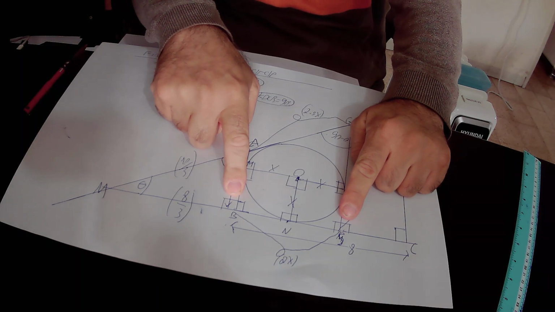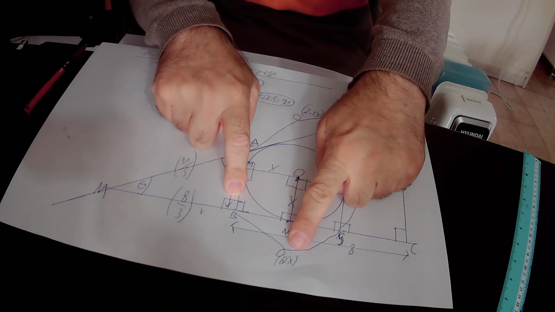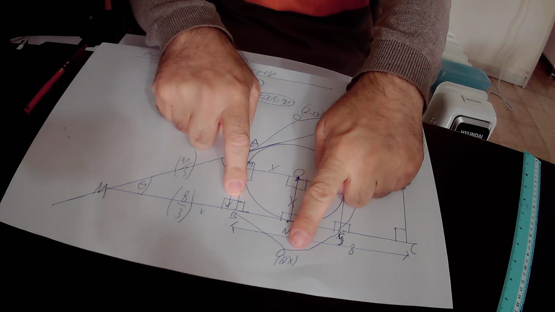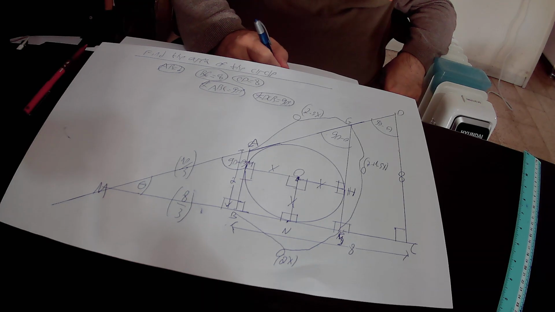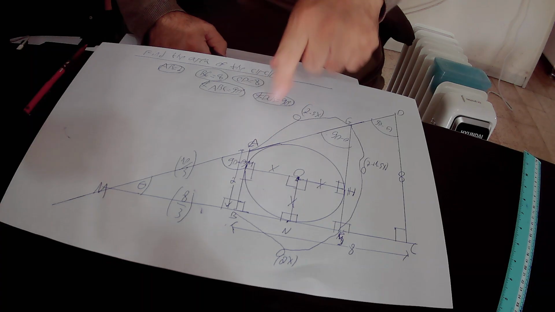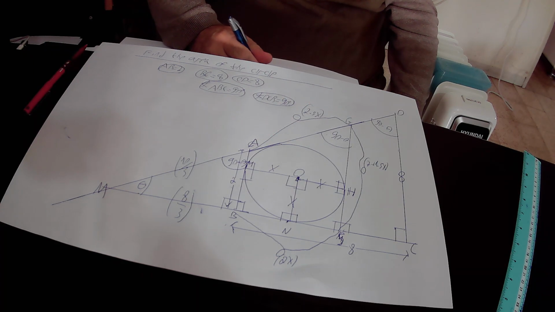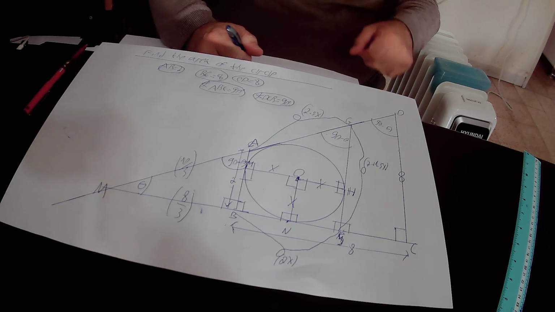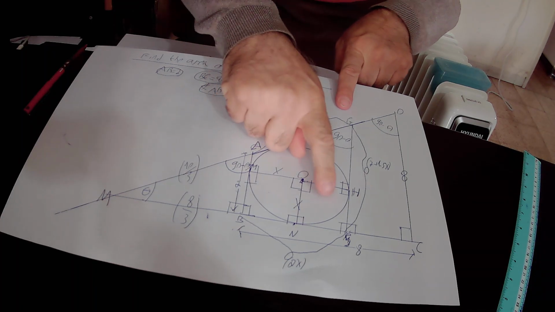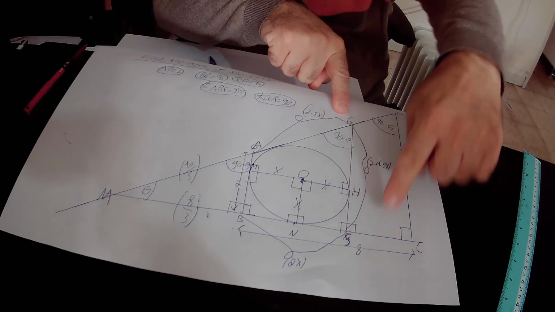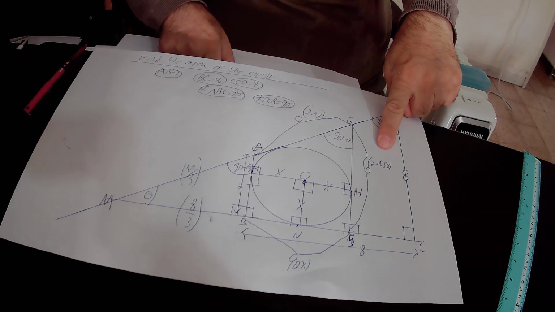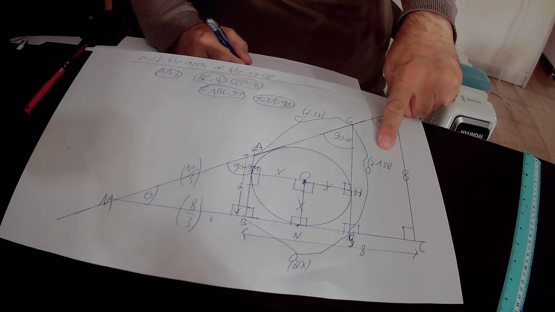It is easy to see that BS equals 2x, so we substitute BS by 2x in the equation, and it is equal to AB. AB is 2, so we substitute AB by 2 plus GS. We already found out that GS equals 2 plus 1.5x. Substitute GS by 2 plus 1.5x.